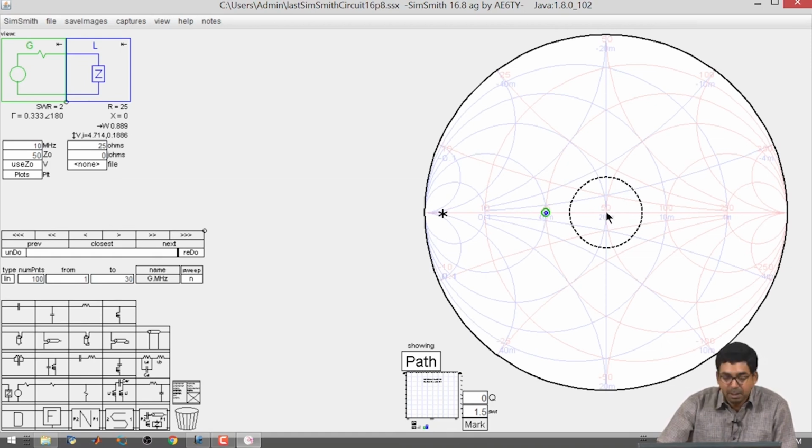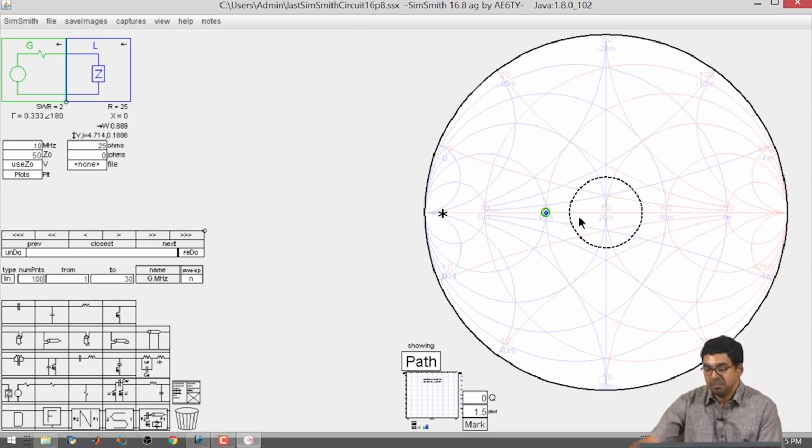In this Smith chart, the normalizing resistance Z0 that we are using is 50 ohms, which is the intrinsic impedance of the generator itself. With respect to this, the load resistance is half, which means that you have navigated to the left of the Smith chart.